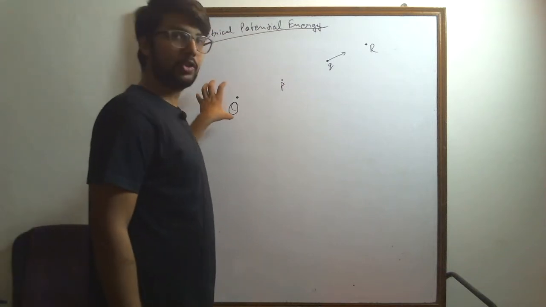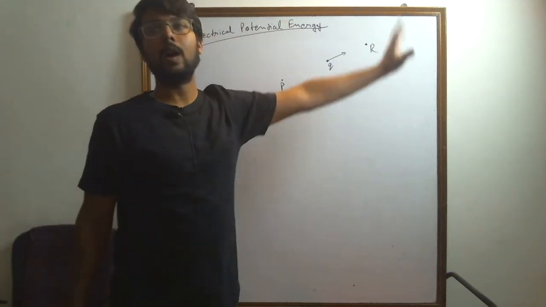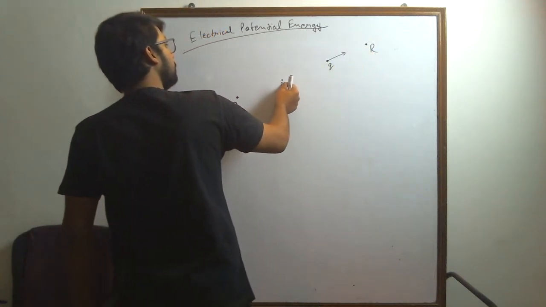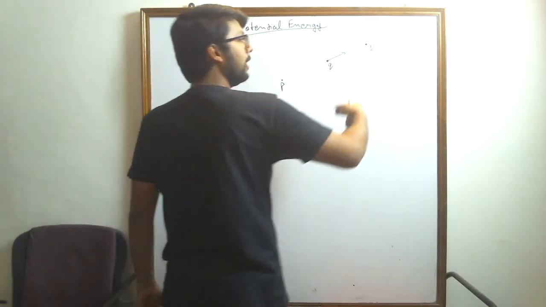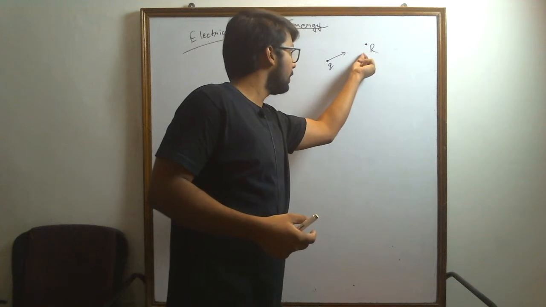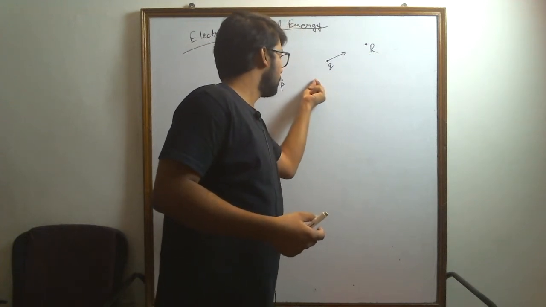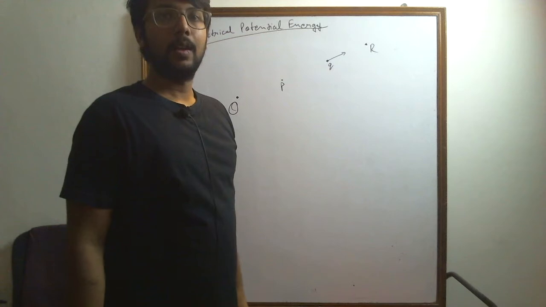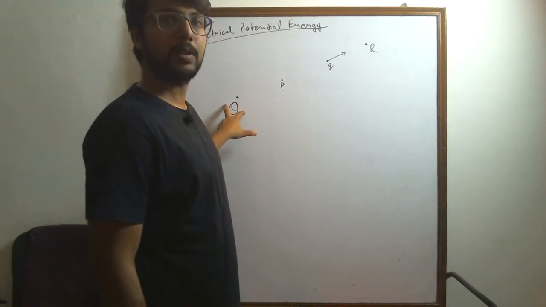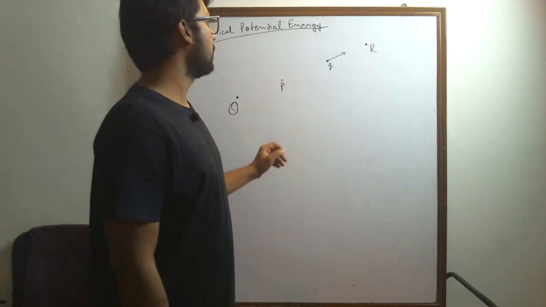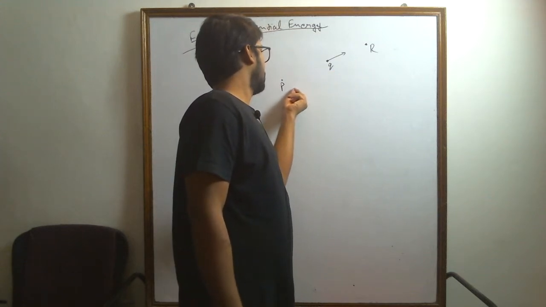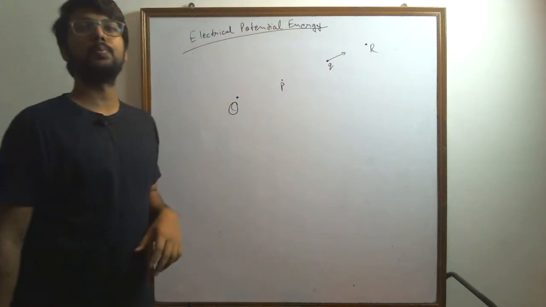That means this charge wants that q to go away. So when I bring the charge from R to P, I have to bring it with an external force. That means I have to use my hand to pull it slowly to get it to point P. And when I'm doing the work against a force, a conservative force, which here is the Coulomb's force, I am storing that energy in this particle q.